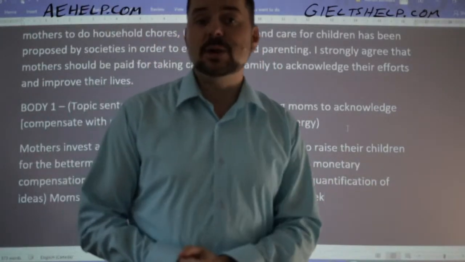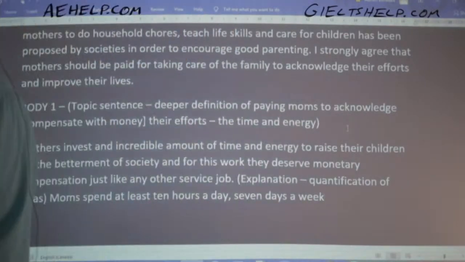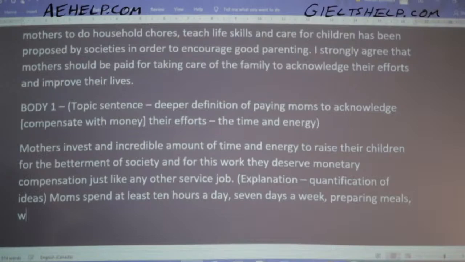Moms, it's 24/7, right? So moms spend at least 10 hours a day, 7 days a week preparing meals, washing clothes and dishes, taking children to school.